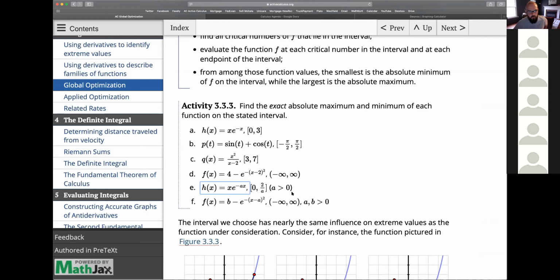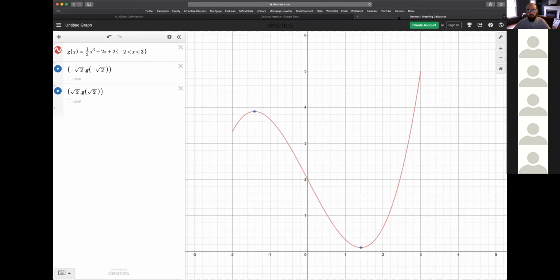All right, so how are we doing so far? Any questions on this first one? x e to the minus x.